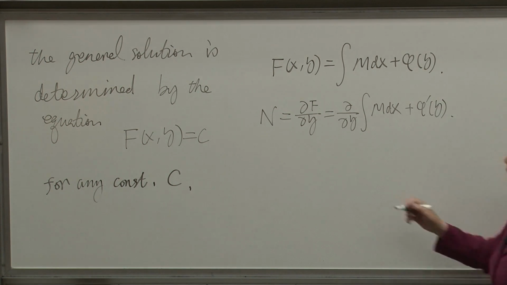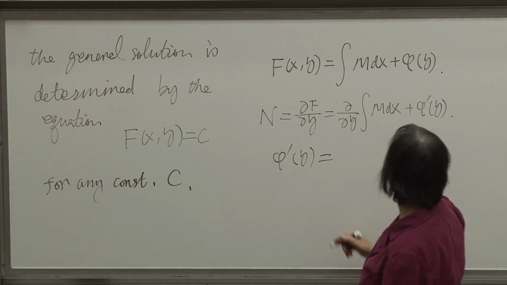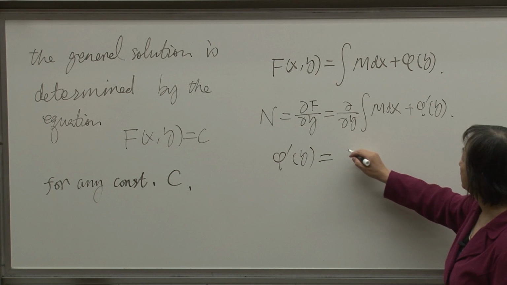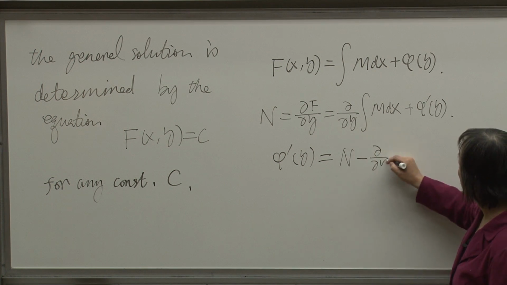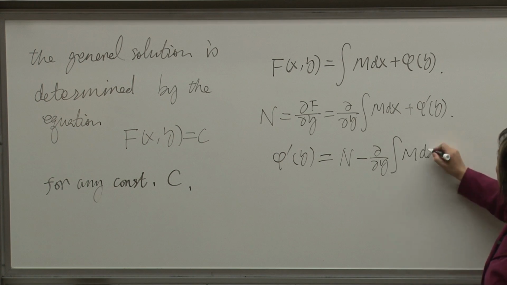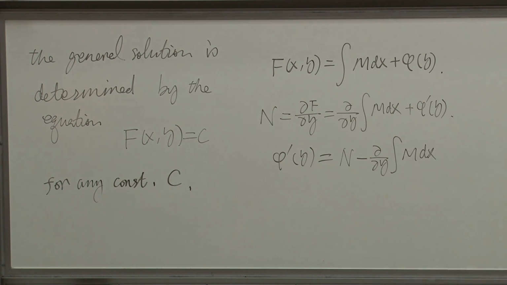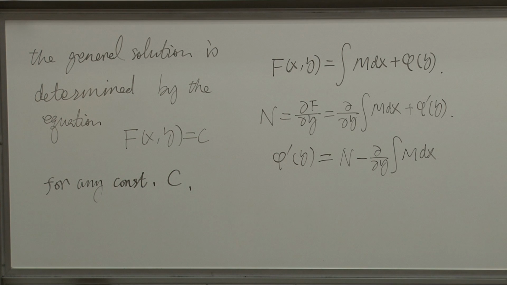Because of this, phi prime as a function of y is determined by the equation n minus the derivative with respect to y of the integral of m. So we can solve for phi using this equation, and then we find the function capital F. This is the technique for exact equations.